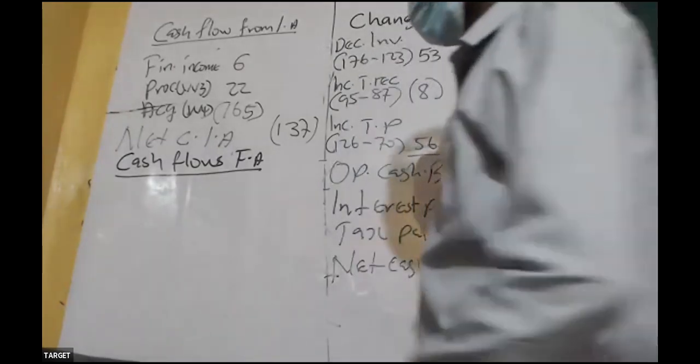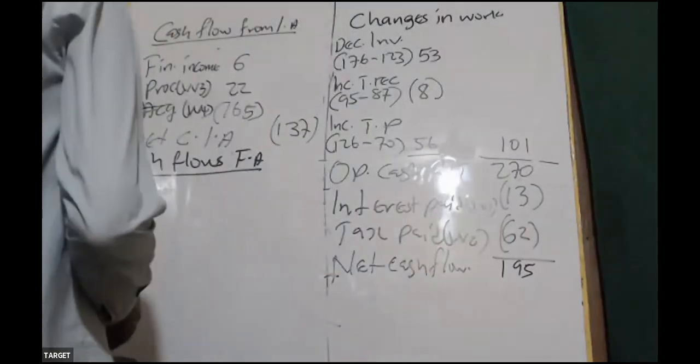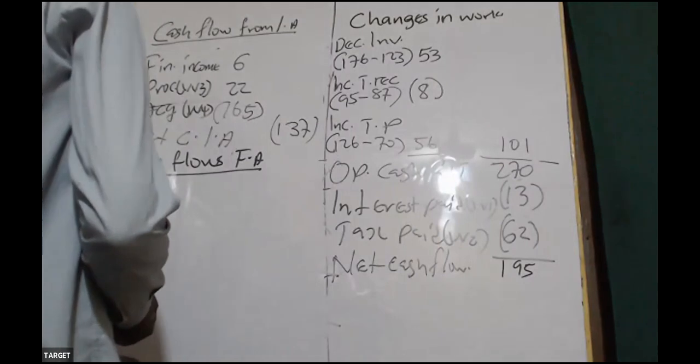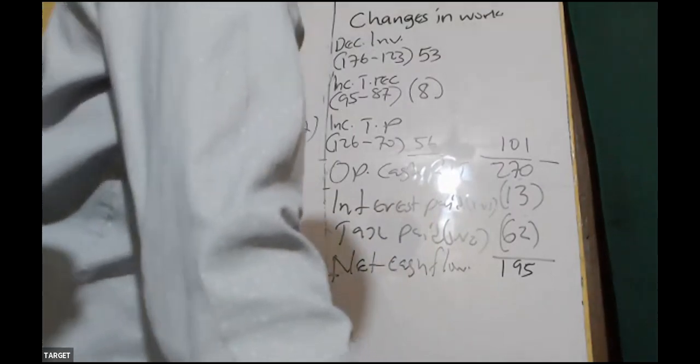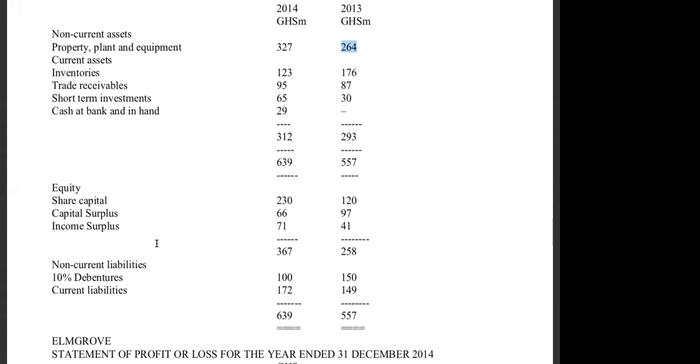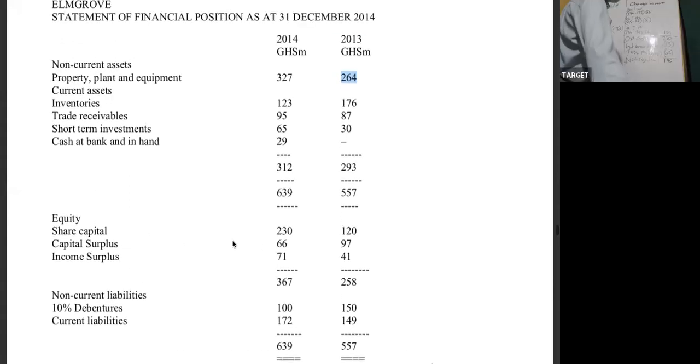Okay, so we will look at this. Now, cash flow from financing activity. Just check the debt and equity and check dividend, whether the dividend was paid. Share capital, when we check, has increased from 120 to 230.